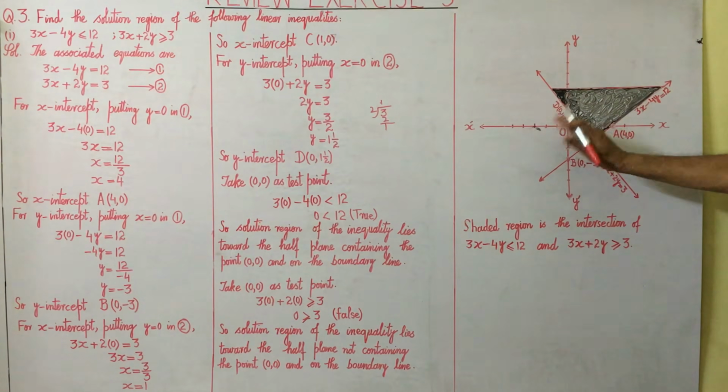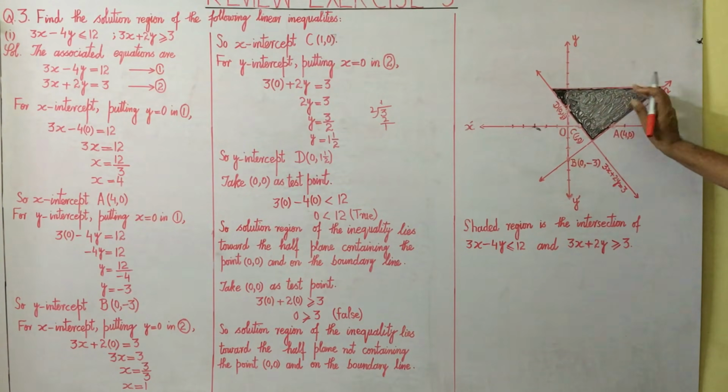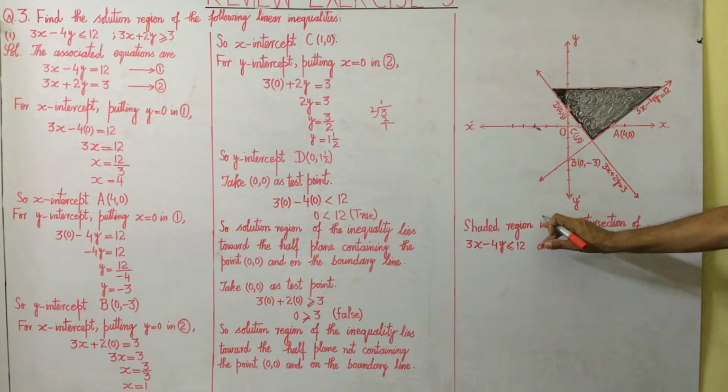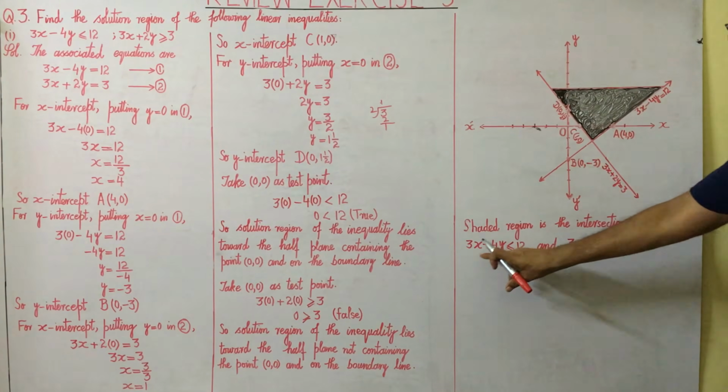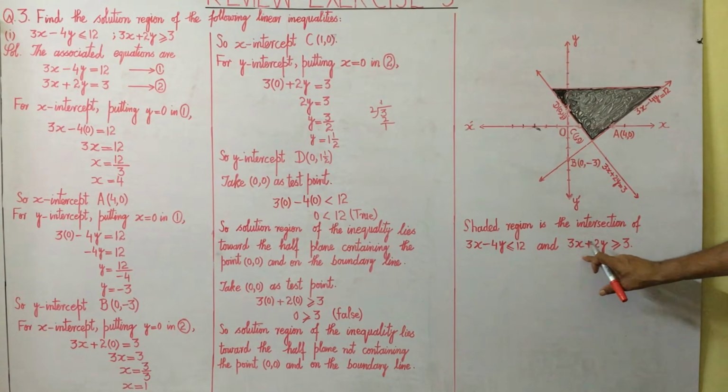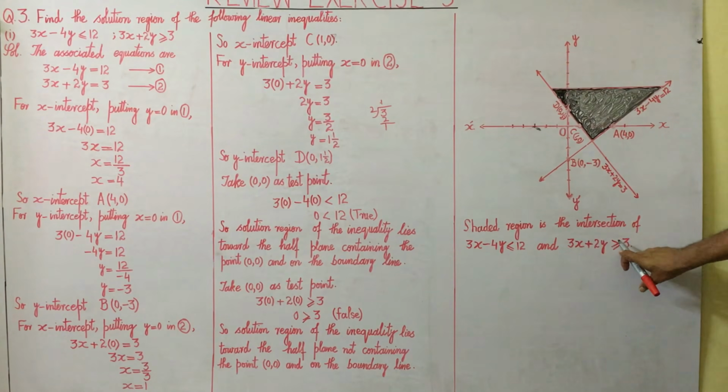It will not go this side, instead it will go this side. So this is the shaded region. Shaded region is the intersection of 3x minus 4y is less than or equal to 12 and 3x plus 2y is greater than or equal to 3.